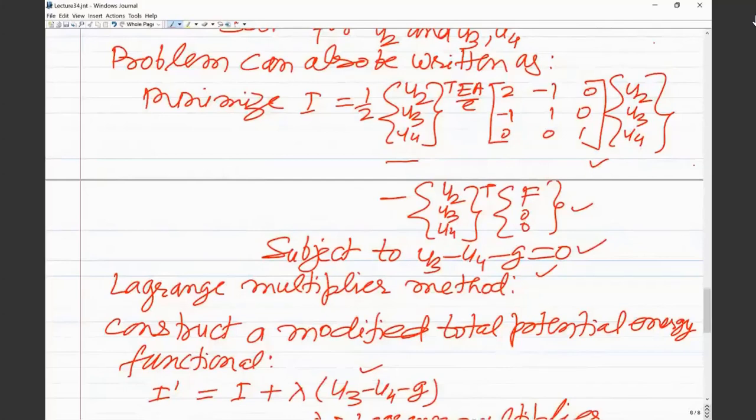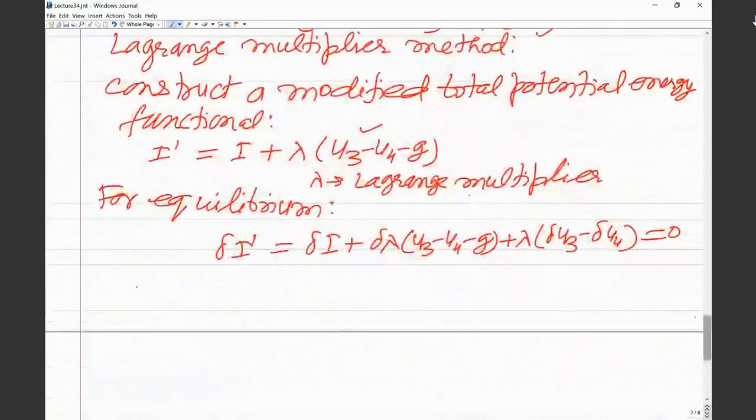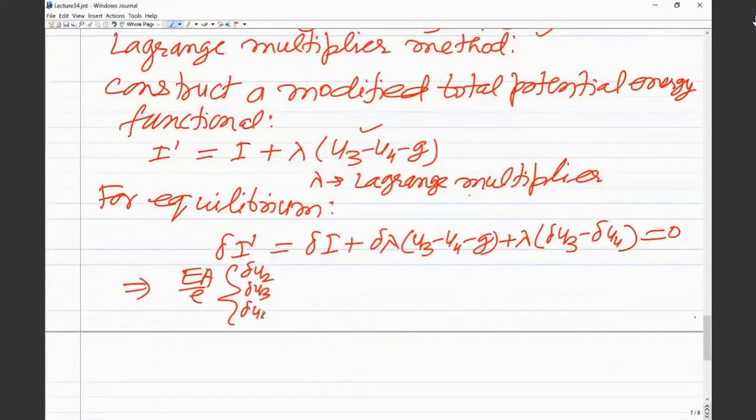Then we equate the coefficient of delta of u2 u3 u4 to a null vector, and we get the equations. So you know this. From here the equation will come as, say, EA by L, and you will have delta of u2, delta of u3, delta of u4 transpose, and then here you are going to have 2 minus 1 0, minus 1 1 0, and 0 0 1.